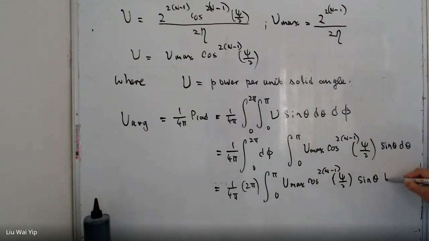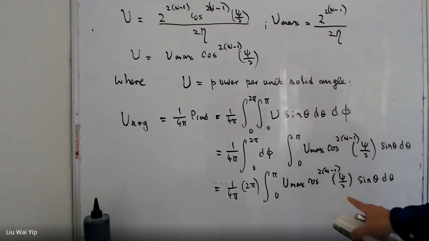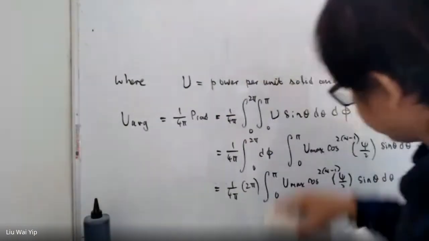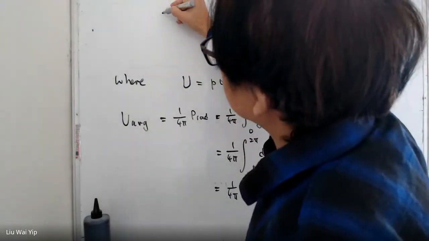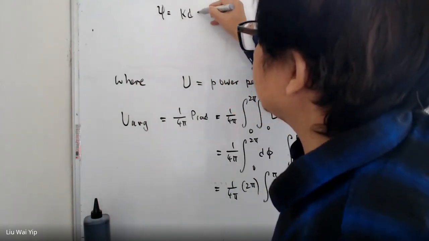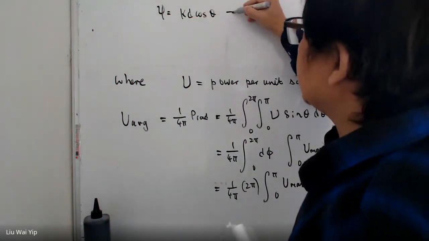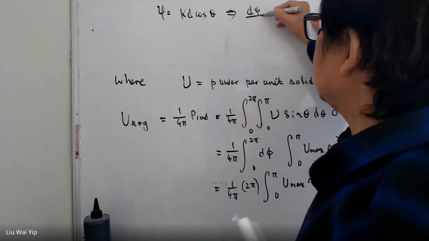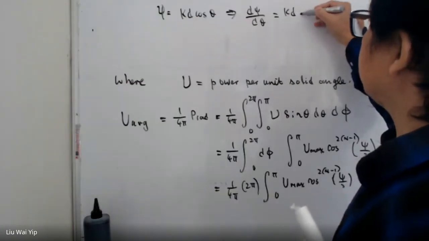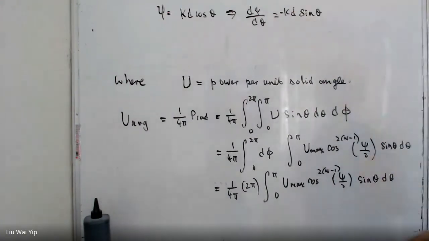So what we are going to do is find out what this one is. By definition, it is kd cosine theta, and this means d phi is going to be minus kd sine theta d theta.